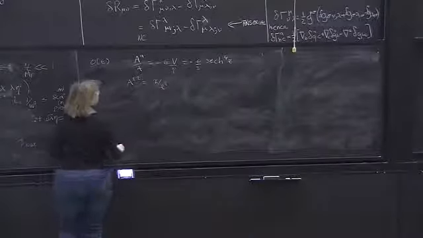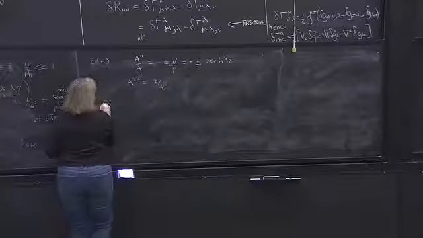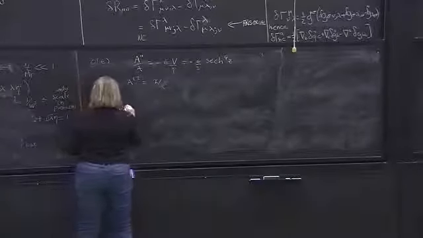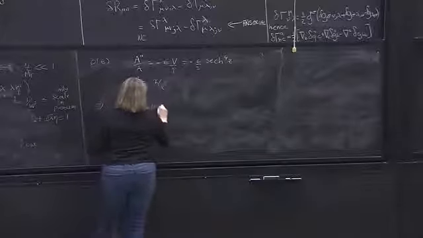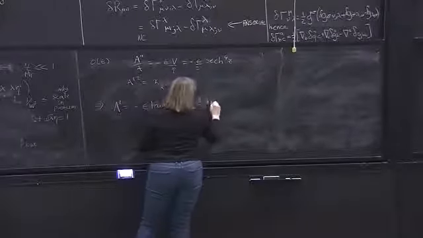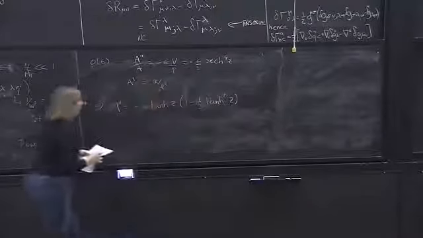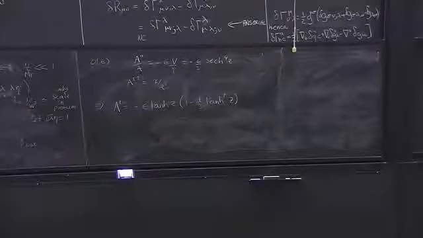Now I can integrate up. Remember, A0 is 1, so I can integrate up my A equation. And what this tells me is, if I go far to the right, where Z is positive, A' is roughly minus 2/3 epsilon.